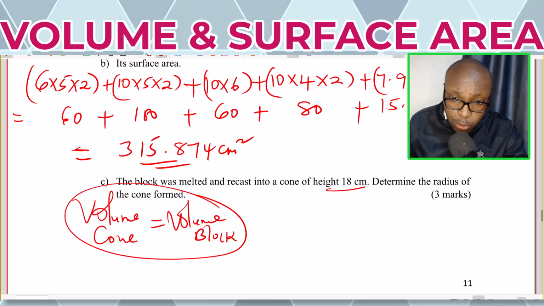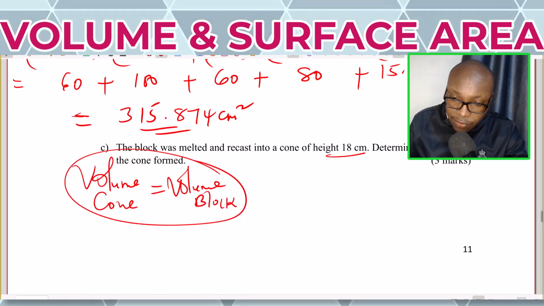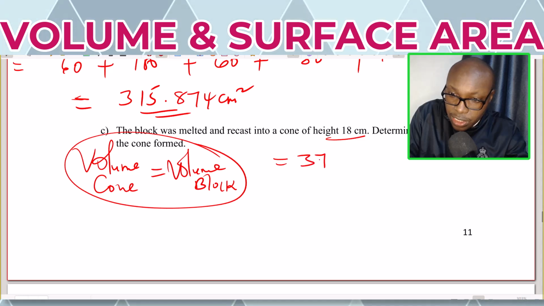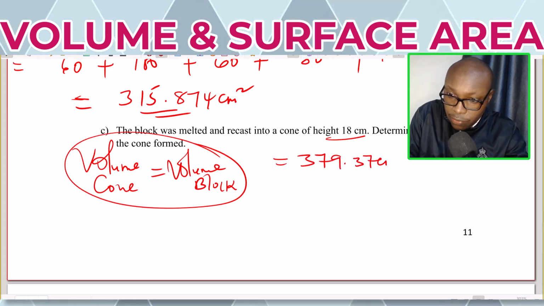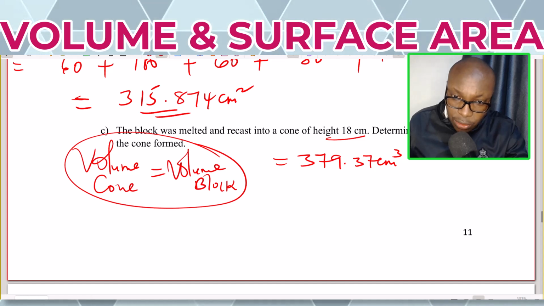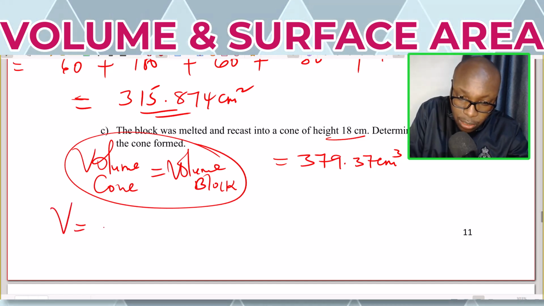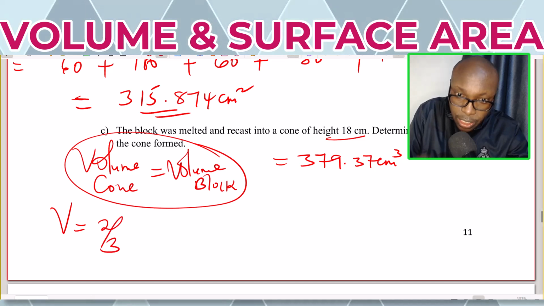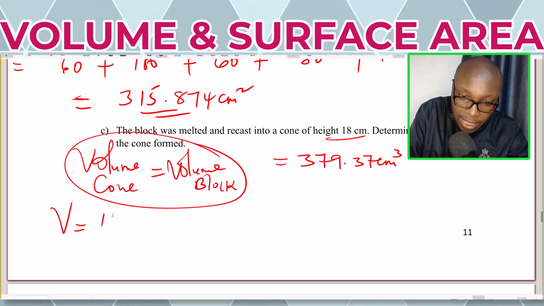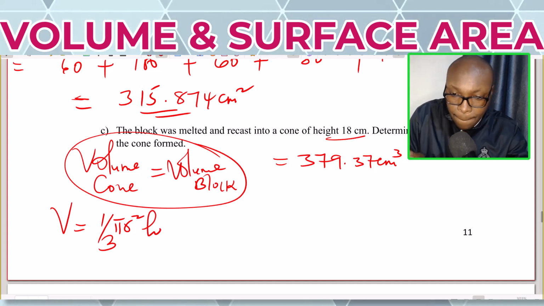Since we have the volume of this block as 379.37 centimeters cubed, now we need to get the volume of the cone. How do we get the volume of the cone? It is given by 1/3 pi r squared height.